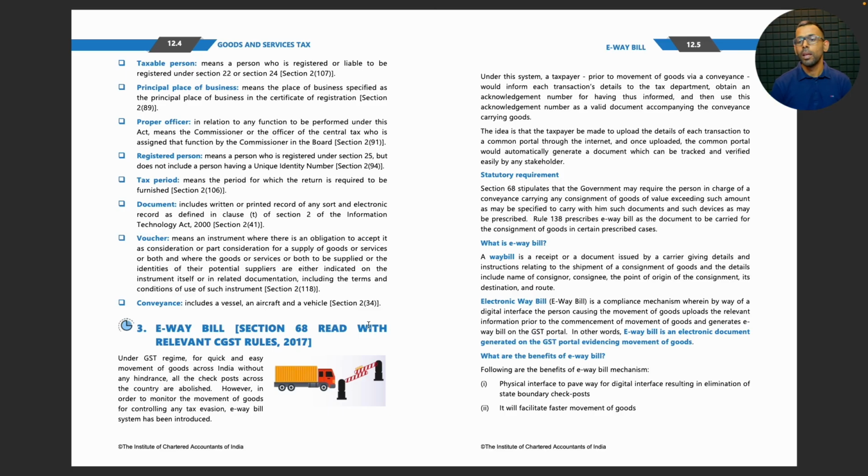Under this system, a taxpayer, prior to movement of goods via a conveyance, would inform each transaction's details to the tax department, obtain an acknowledgement number for having thus informed, and then use this acknowledgement number as a valid document accompanying the conveyance carrying goods.